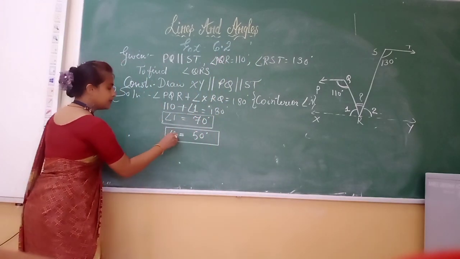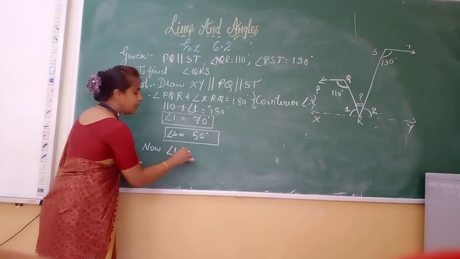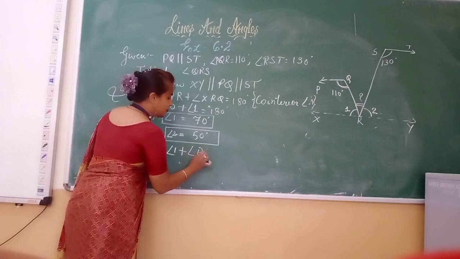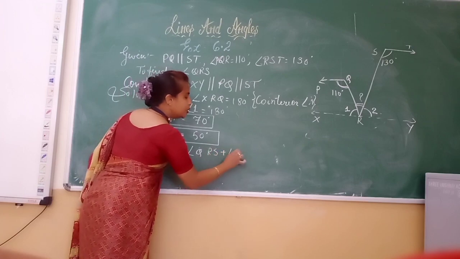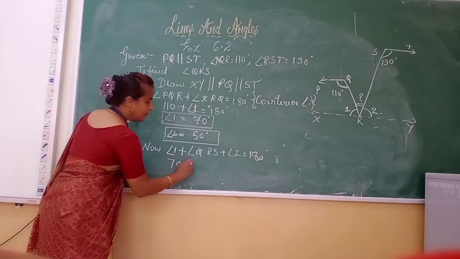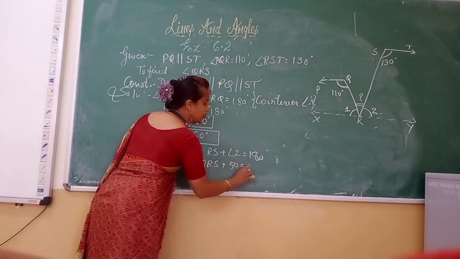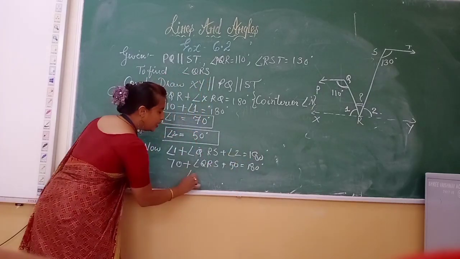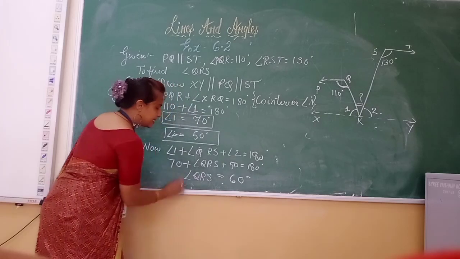That is angle 1 plus angle QRS plus angle 2 is equals to 180 degree. So 70 plus angle QRS plus 50 is equals to 180. From here angle QRS will be equals to 60 degree.